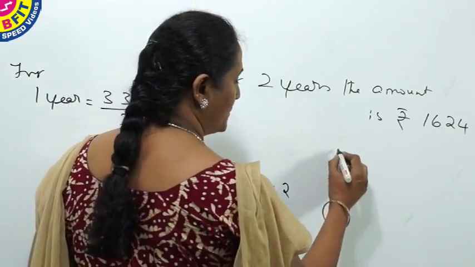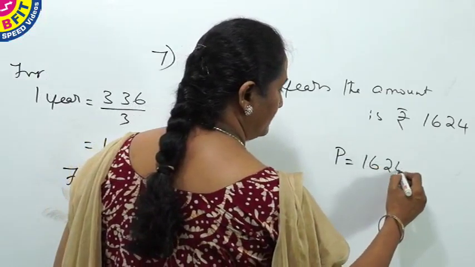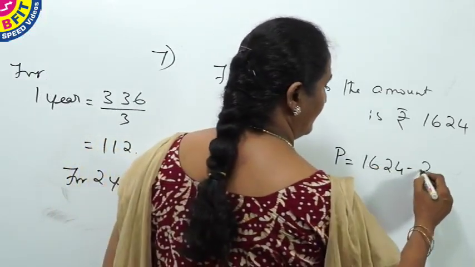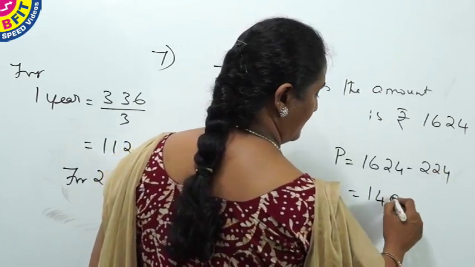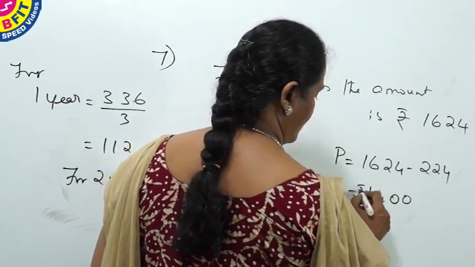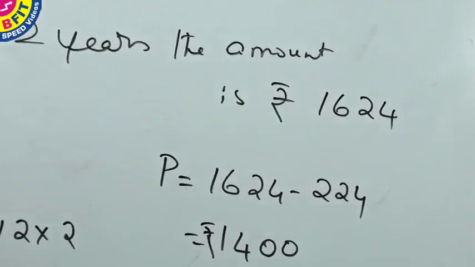So the sum deposited is the principal amount P, which is rupees 1400.